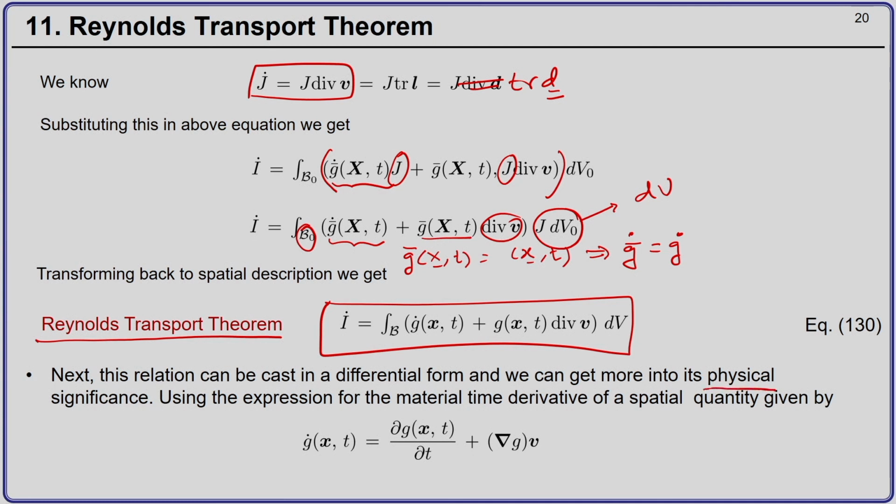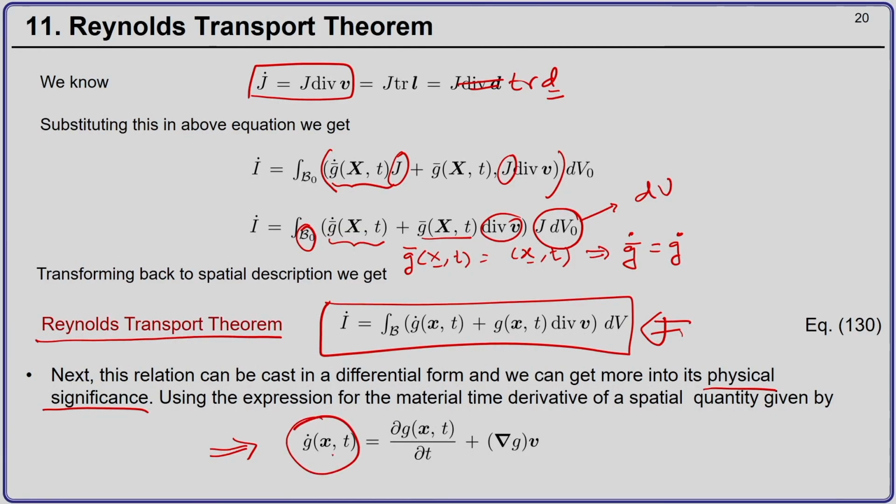Now I can get more physical interpretation of this expression 130. From our previous discussion on how to compute the material time derivative of a spatial quantity, we know that the material time derivative of the spatial quantity g will be nothing but del g by del t, keeping x fixed, plus the gradient of g times the velocity vector.